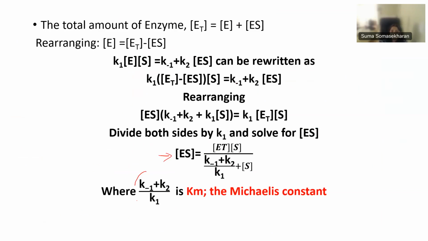And this ratio of these rate constants is defined as Km. Km is the Michaelis constant. So Km is a constant derived from rate constants, and it's called the Michaelis constant.